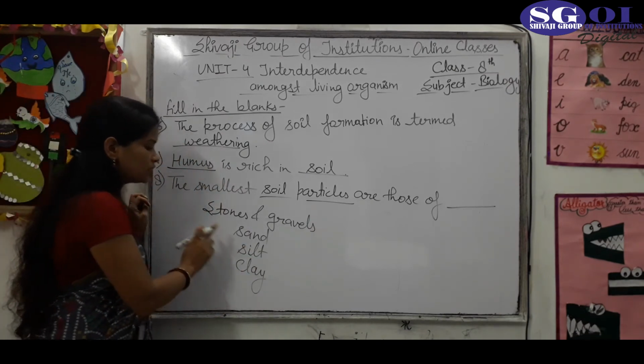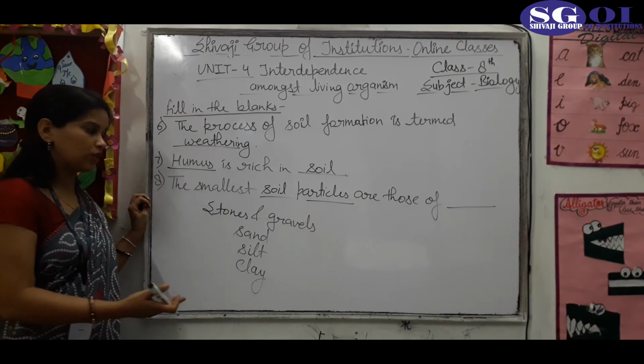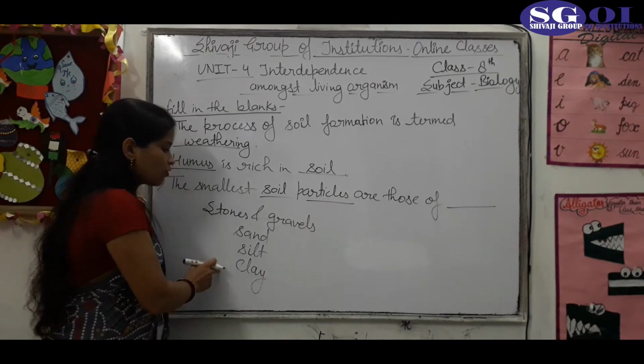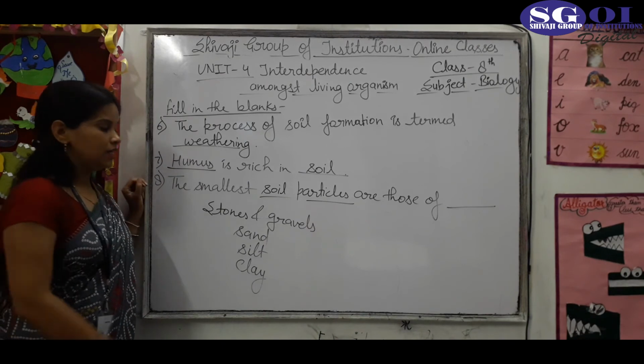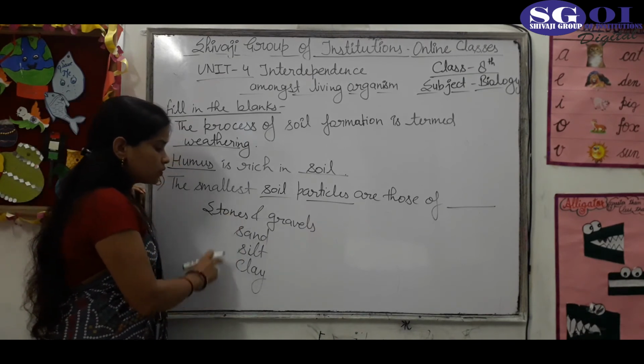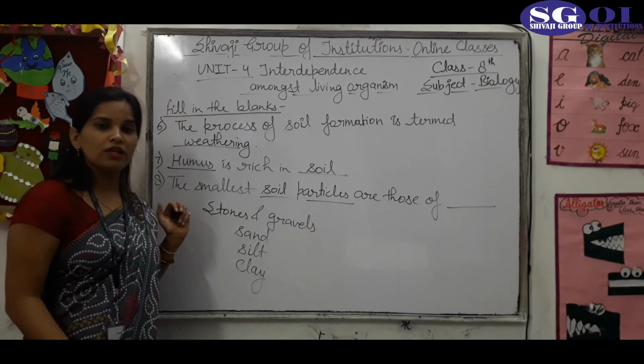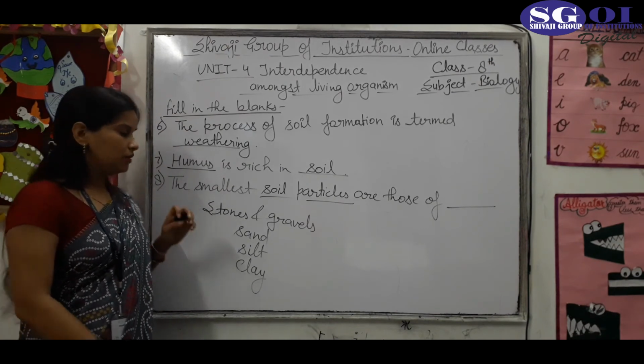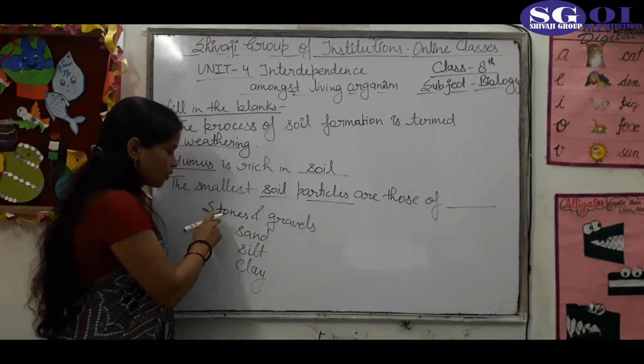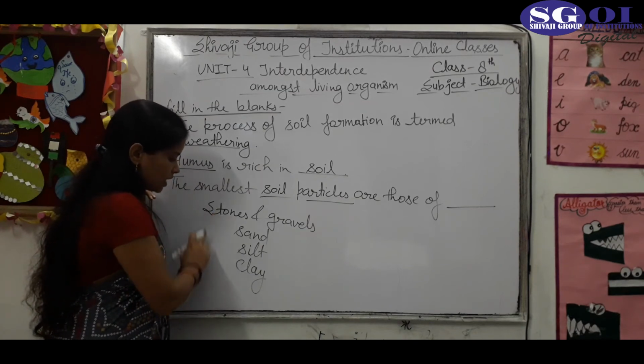But this is the classification according to the size of the soil. There are also many other kinds of soil, clay soil, loamy soil, sandy soil. Okay, but according to the size of the soil, it is of these 4 types.